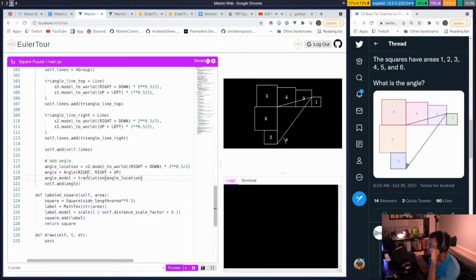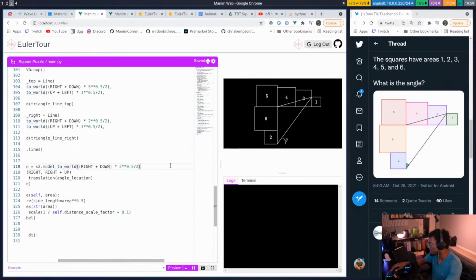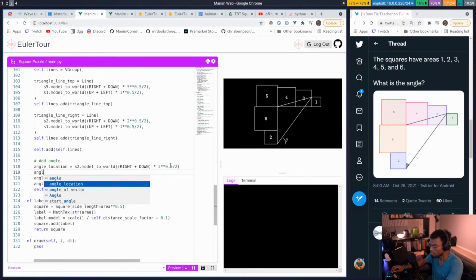Now I need to get the two locations. So one is just going to be up. This won't be so bad. Here's the angle location. It's going to be angle free, then angle next, basically. It's going to be S5 dot whatever.